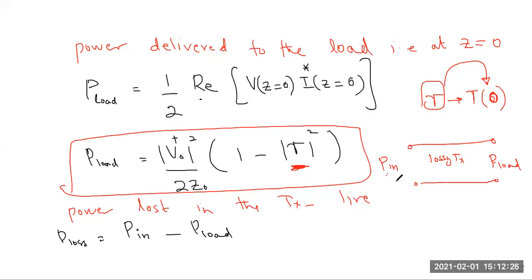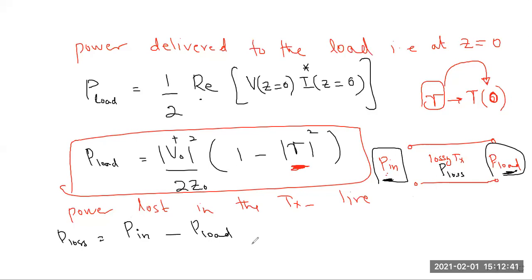Whatever difference is between P in and P load must be the power which is lost in the transmission line. So P in minus P load will give us the power lost.